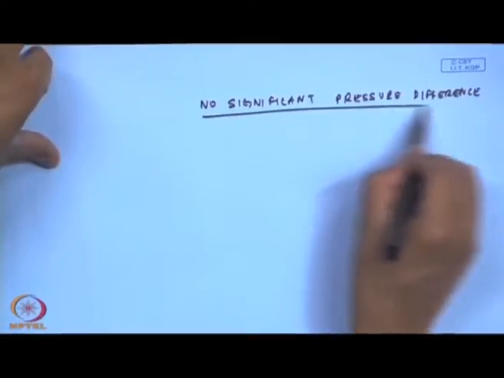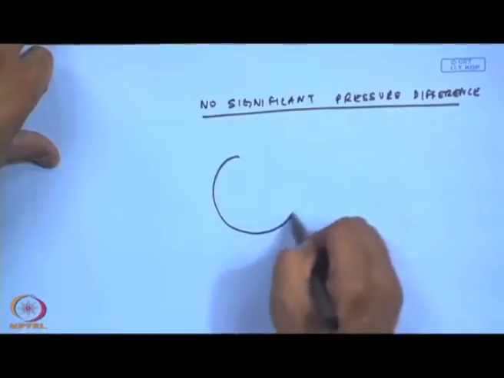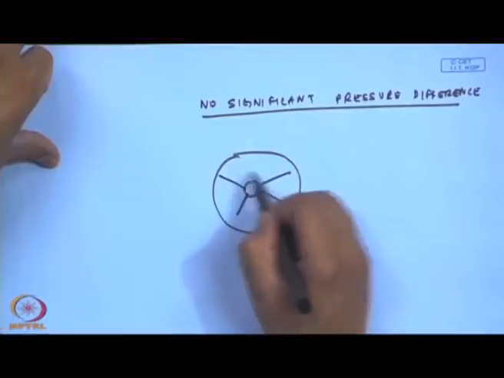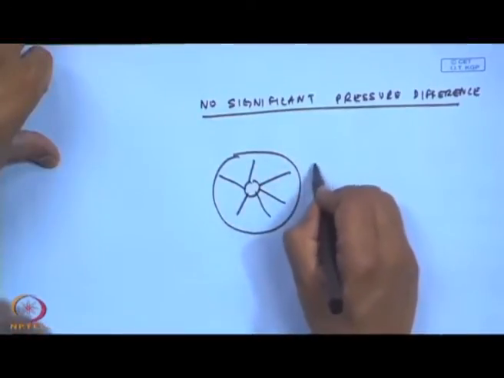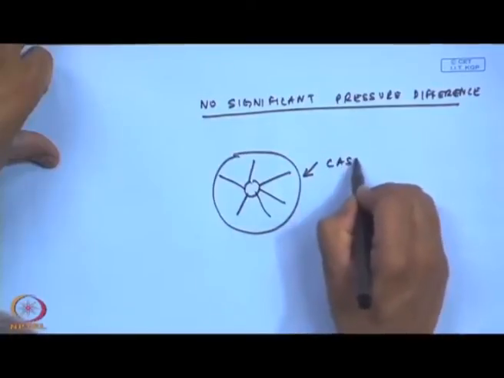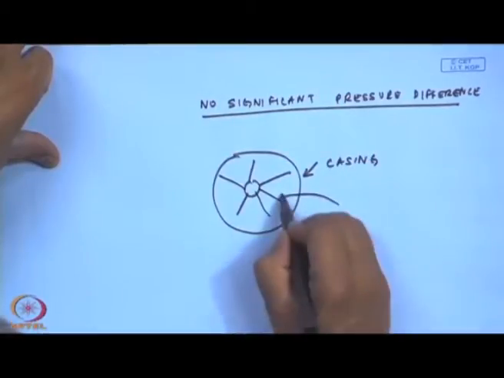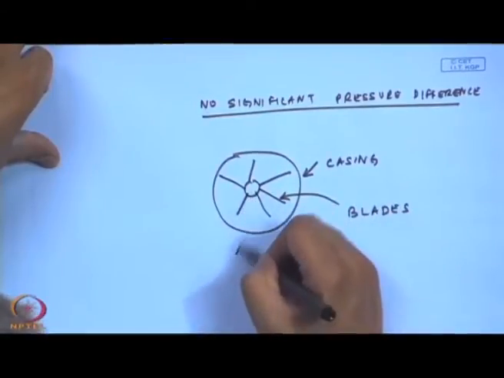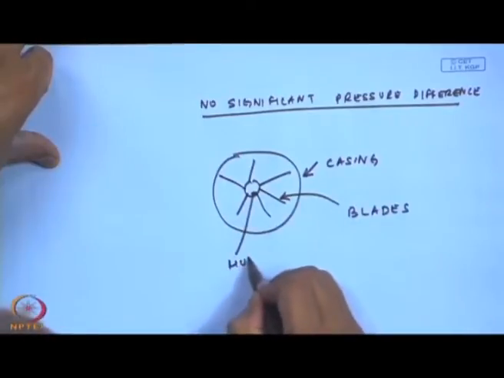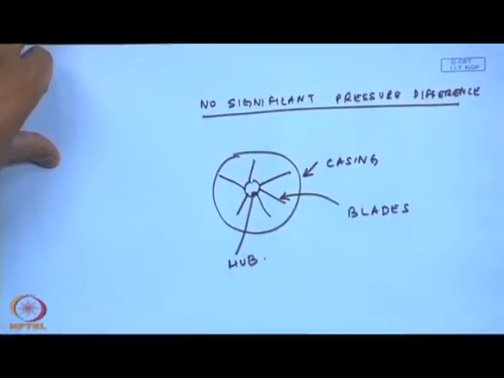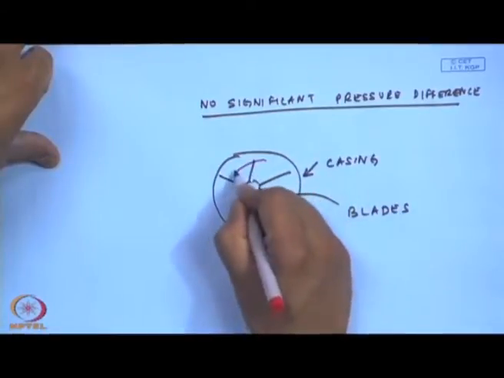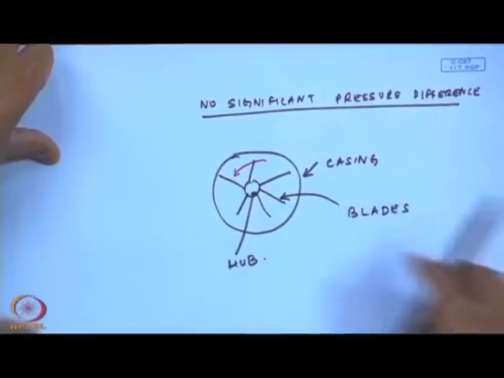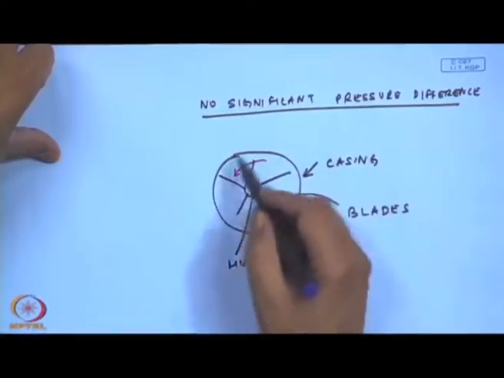So, how is that done? Basically, we have a casing with a set of blades. This is the casing, these are the fan blades, and this is the hub, which is made to rotate by power, and they are all in a casing.